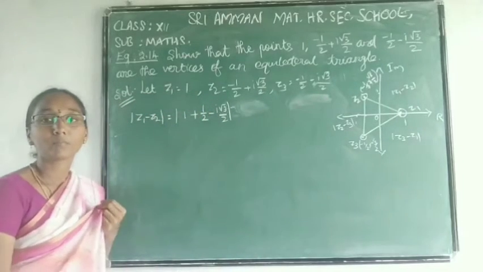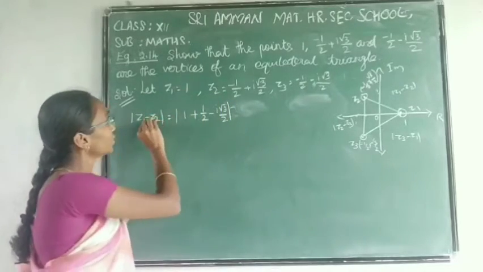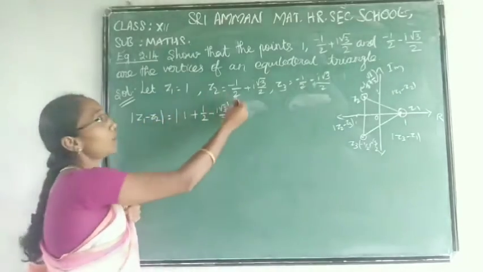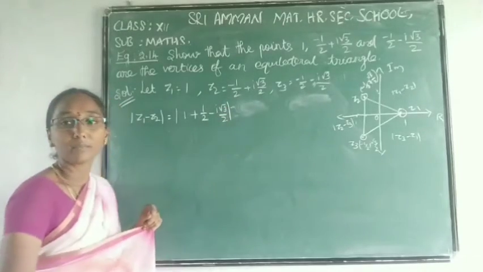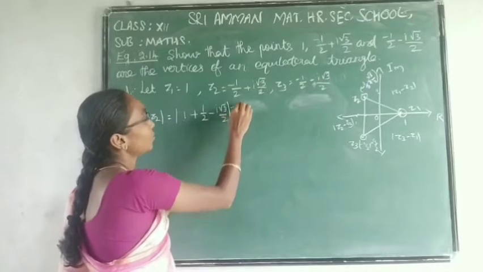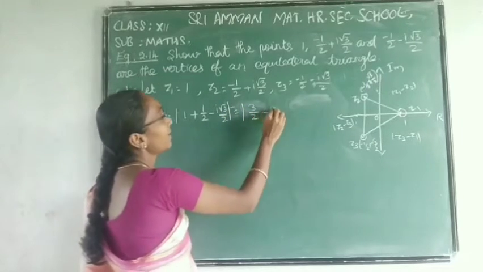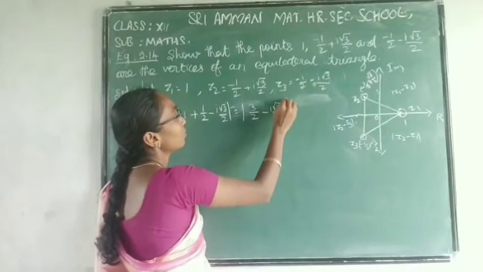Do you understand? Here we want z1 minus z2, so do the opposite sign. And then 1 plus 1 by 2 is 3 by 2, minus i root 3 by 2.